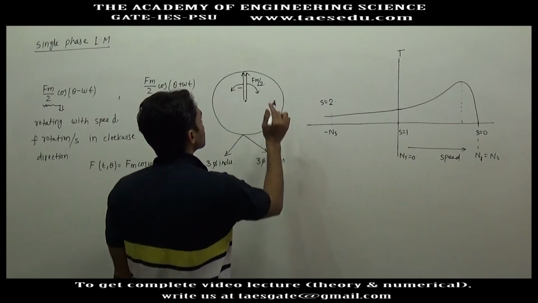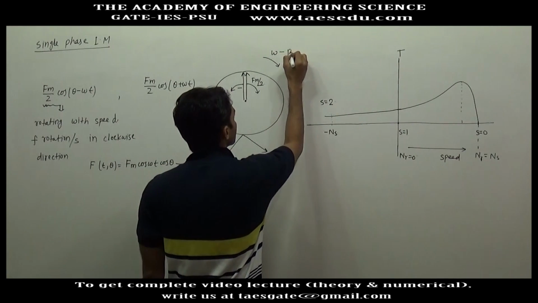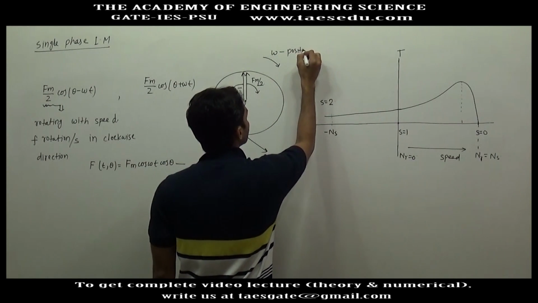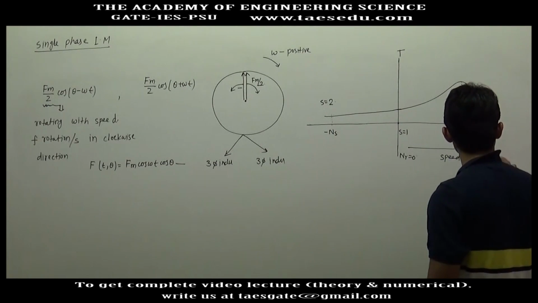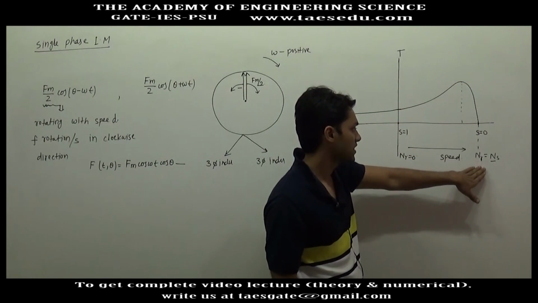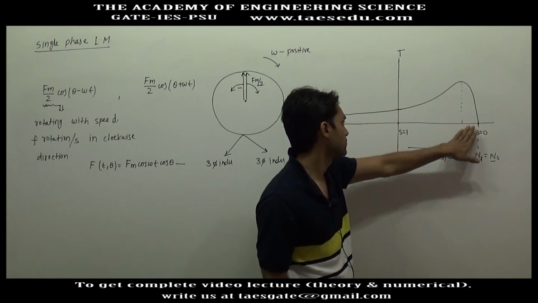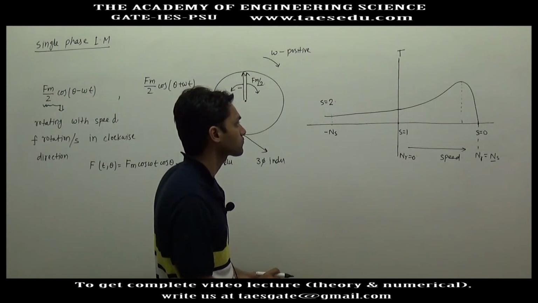So in this induction motor, we will take clockwise speed as positive. So if at this point speed is ns, since ns is positive, speed is positive here, so this is clockwise speed, and here we will have anti-clockwise speed.